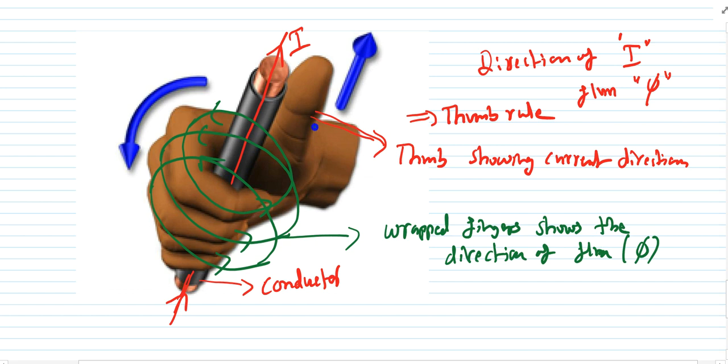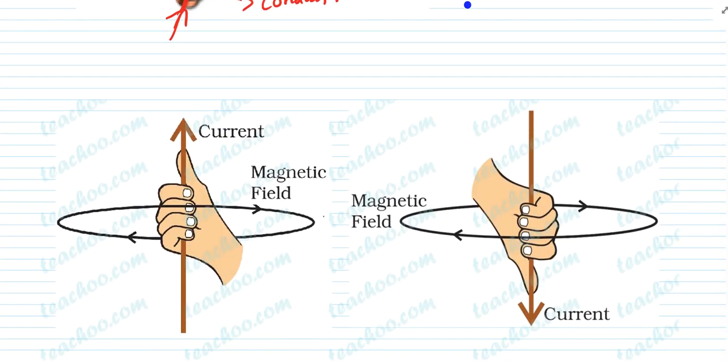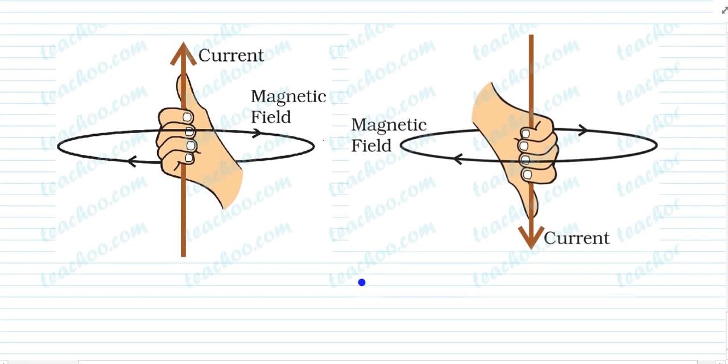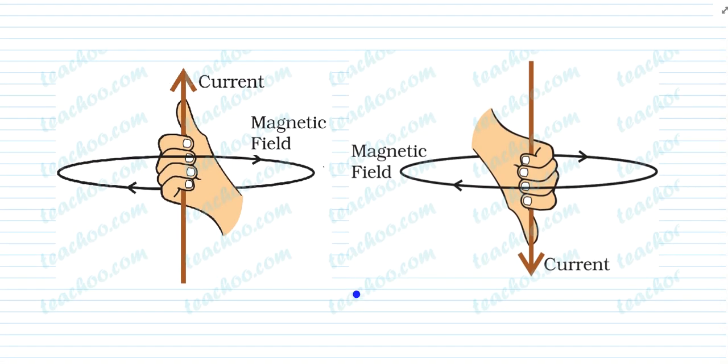Otherwise, if the thumb shows the flux direction, the remaining fingers will show the current direction. So that is what you have to understand by this thumb rule, and you can understand it more clearly here.